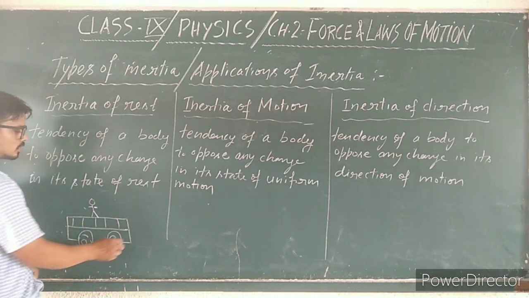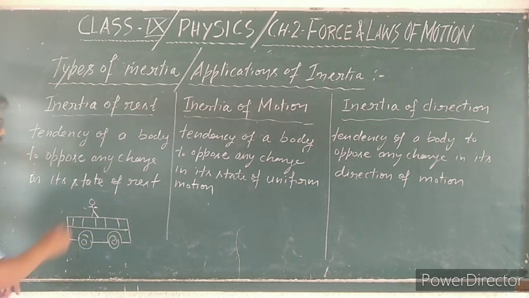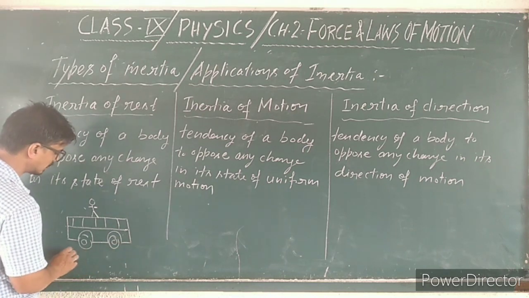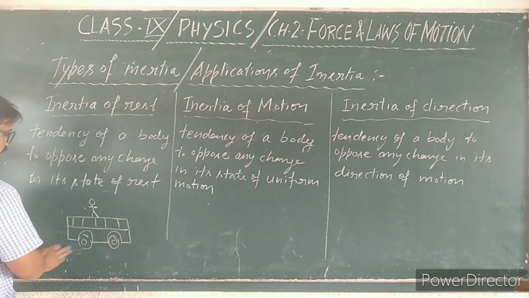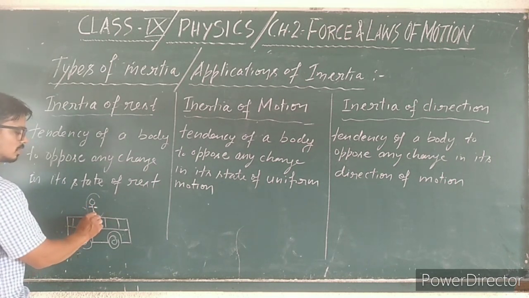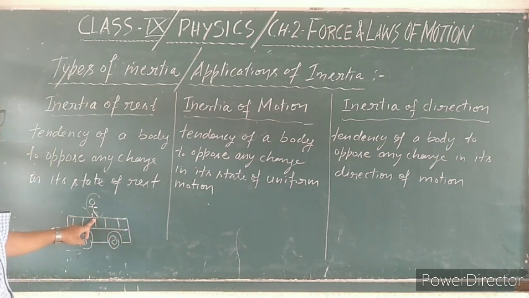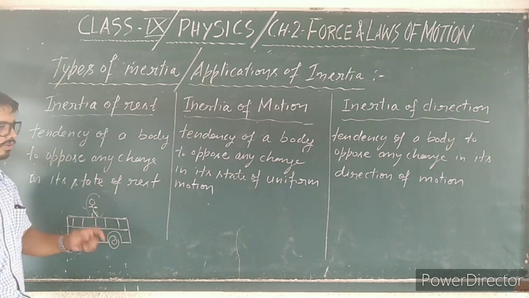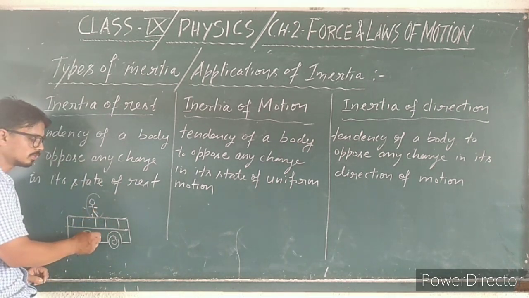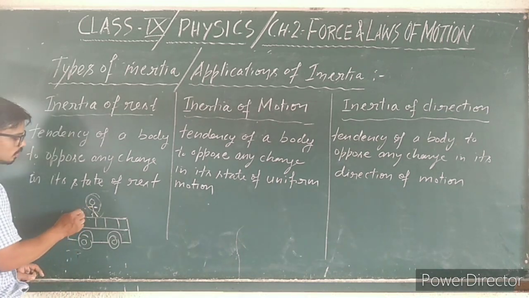Now it accelerates, changing its velocity from 0 to some velocity. So suddenly it starts moving, but the passenger's feet are in direct contact with the bus, so the lower part of the body changes from rest to motion because of the bus, but the upper part of the body is still at rest due to inertia of rest. So he falls in the backward direction.